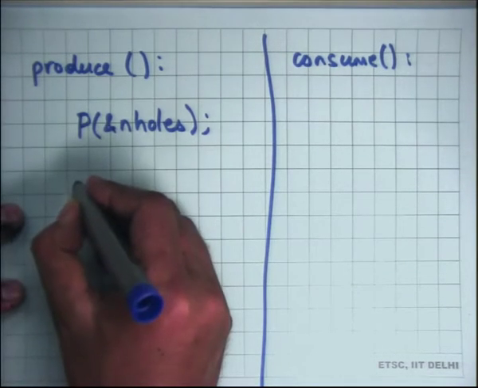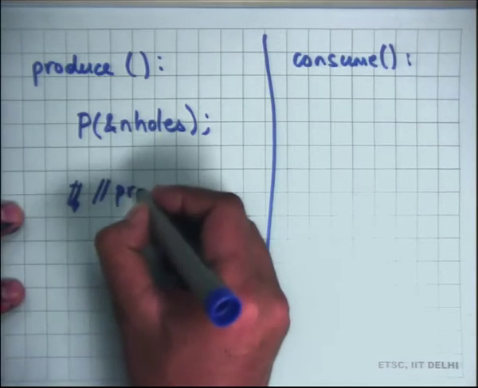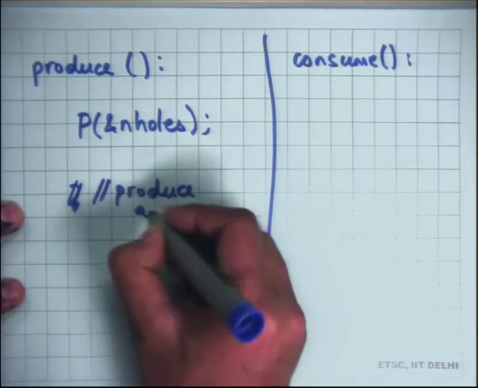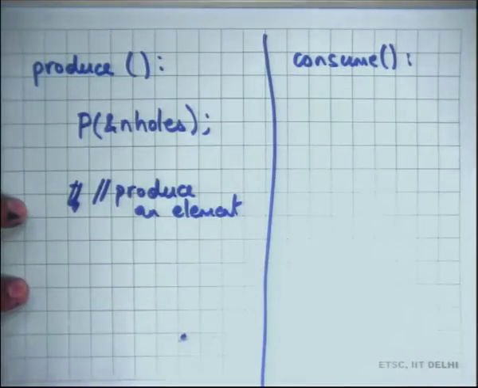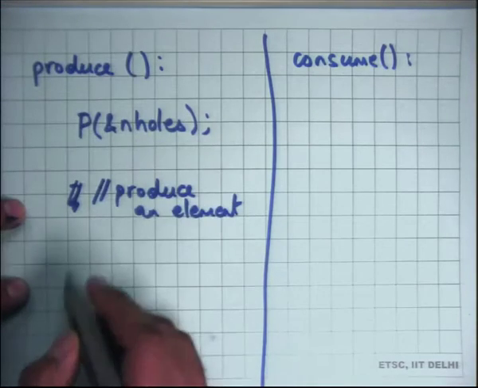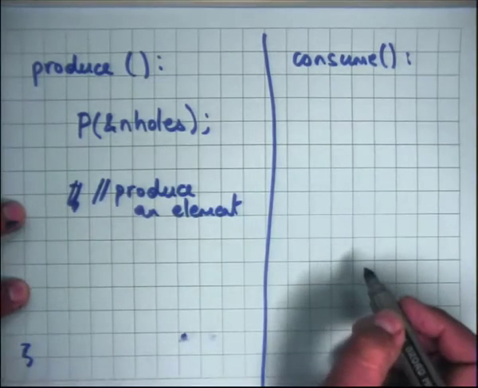And then I produce an element, which may mean q head is equal to c, head is equal to head plus 1 mod max, and let's say that's it, right?